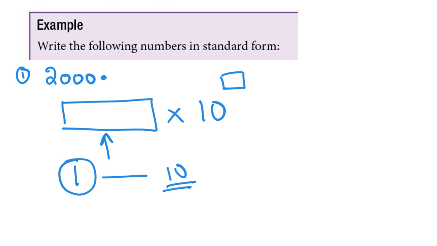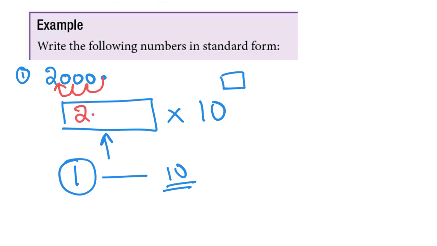If I have to make this number between 1 and 10, that means I must move this decimal point 3 digits to the left. I must move this decimal point 3 digits, 1, 2, 3, and place it over here.